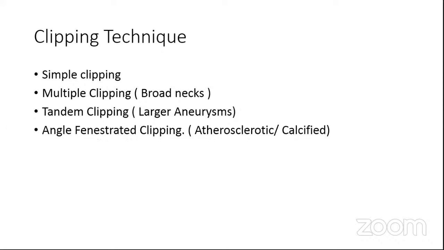There are different types of clipping techniques. There is simple clipping, and there is multiple clipping. Clips are used for broad necks or multiple aneurysms. There is tandem clipping, in which the aneurysms are usually larger in size and simple clipping cannot be applied easily.